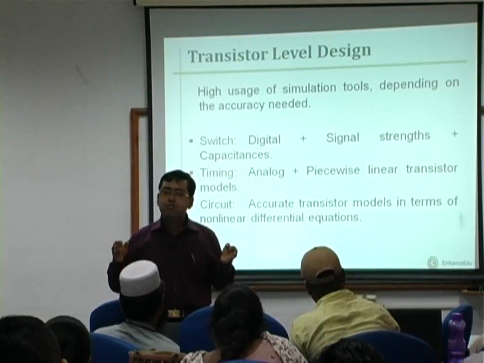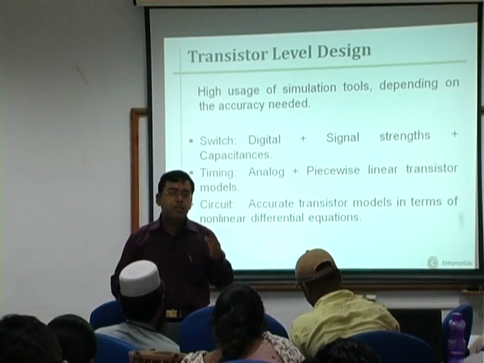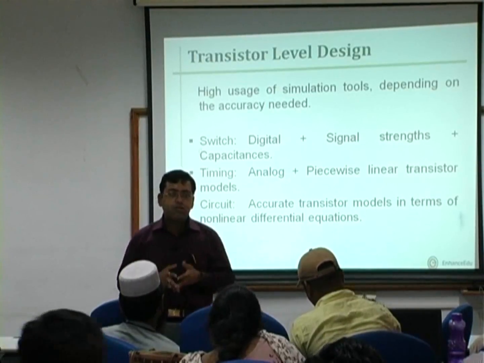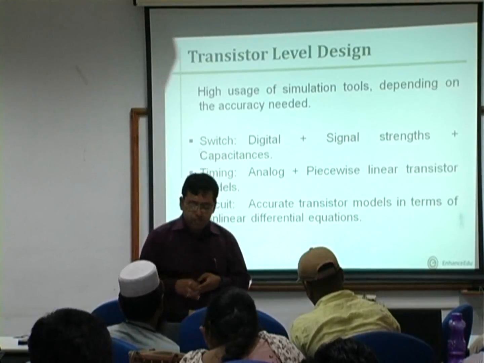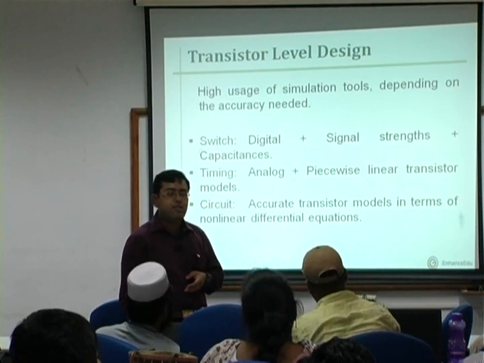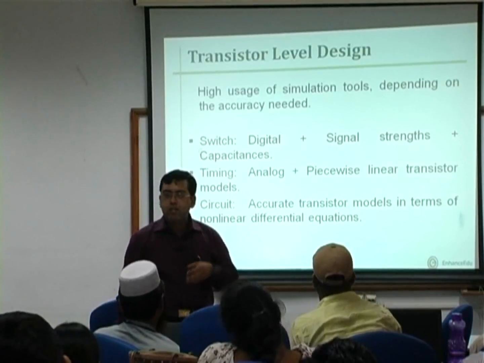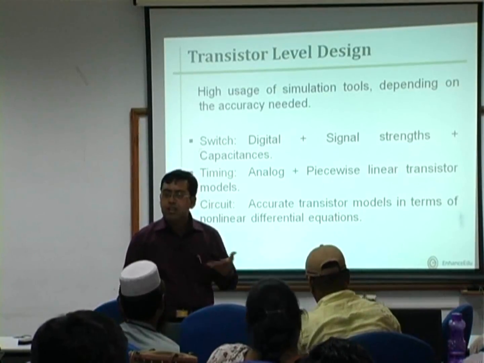Mathematics will fail to answer beyond a certain level. You have to have lots of depth in physics to handle all those issues. So knowledge of physics is necessary to design circuits in today's scenario.